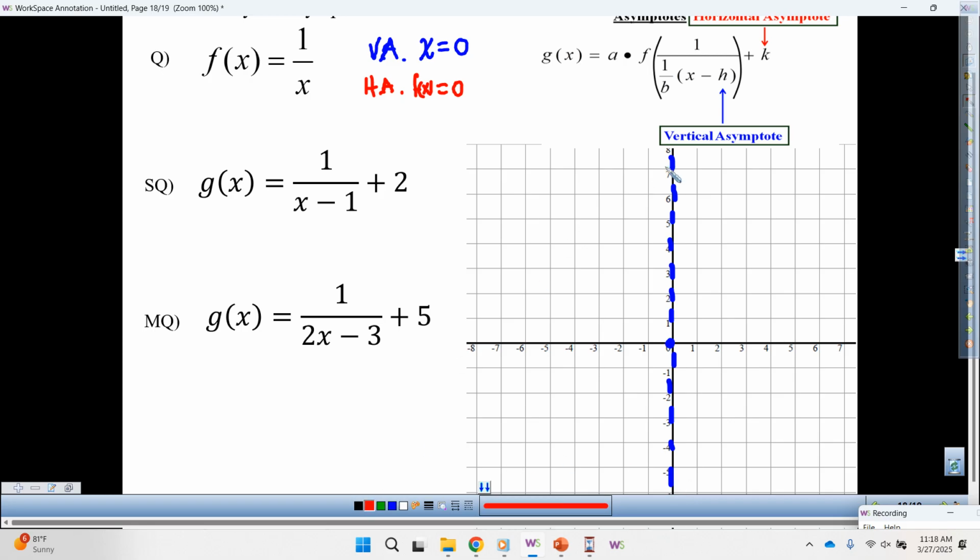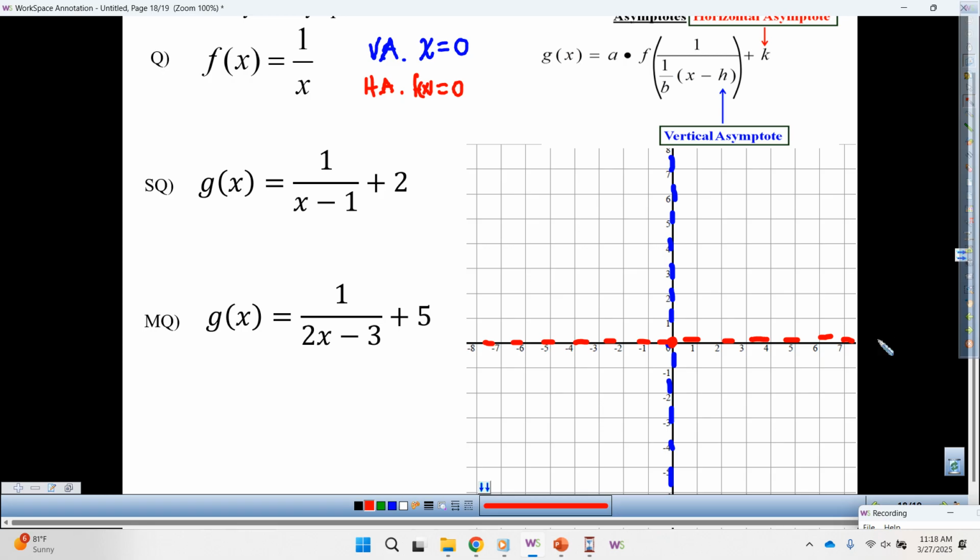That's my VA. Next, f of x equals 0. So f of x is our y, and that's a horizontal invisible line. And I'm going to do that in red. All right, how we doing?